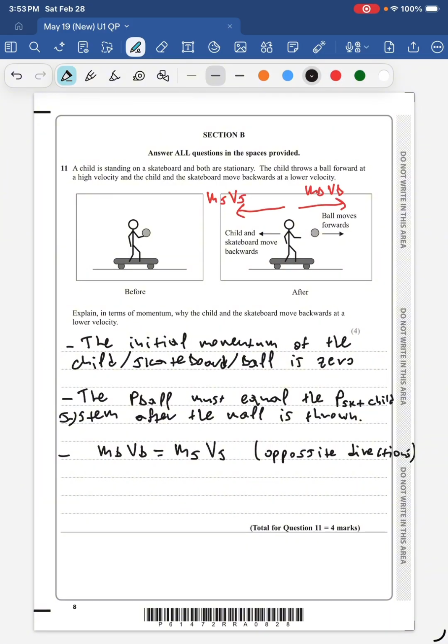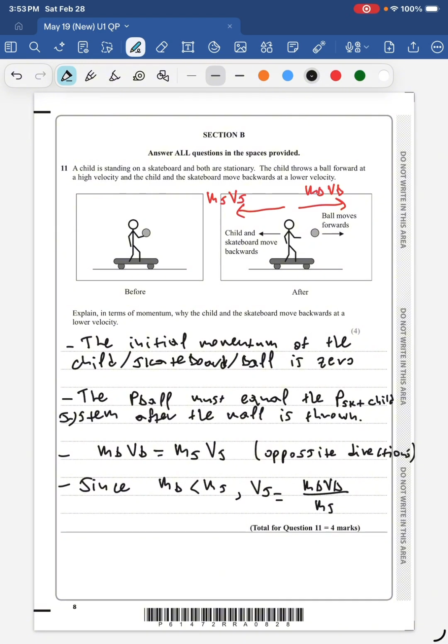Okay, now since the mass of the ball is smaller than the mass of the skateboard, then V of the skateboard is equal to M of the ball, V of the ball, over the mass of the skateboard, which is a large number.